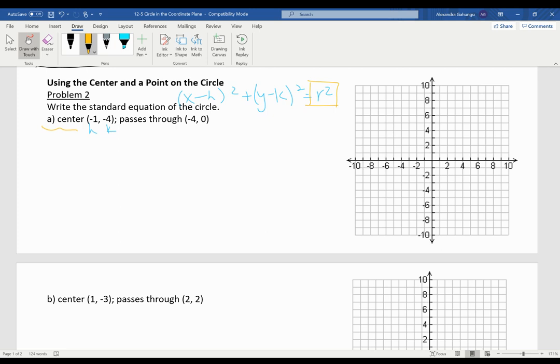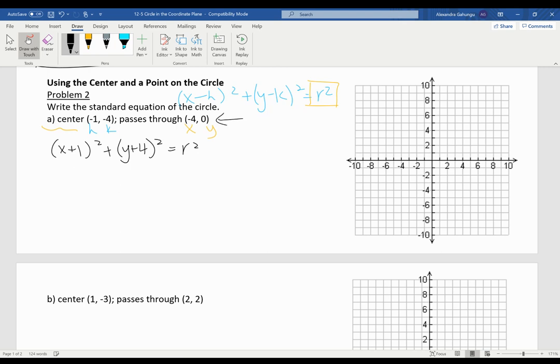But instead I'm given a point, which is x comma y. So what I'm going to do is plug in x and y and h and k. So my general form, x minus a -1, so plus 1 squared, plus y minus a -4, so plus 4 squared equals r squared, because I didn't have a radius.